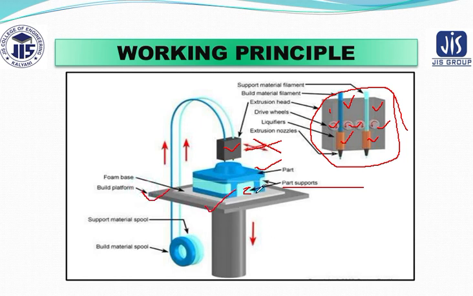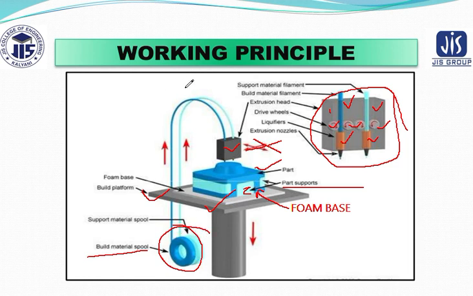This light ash color is your foam base. It is known as foam base. Okay, and you can see this is your wheel. Build material spool is there, so it is giving you the supply from this wheel or spool.